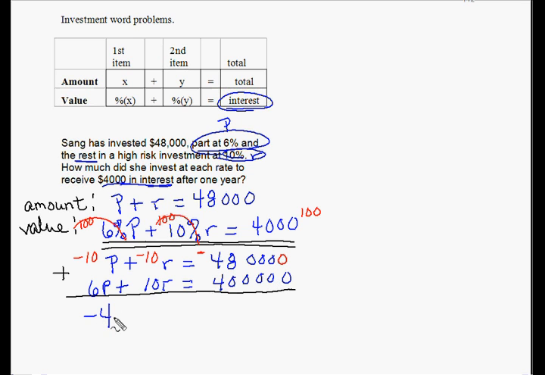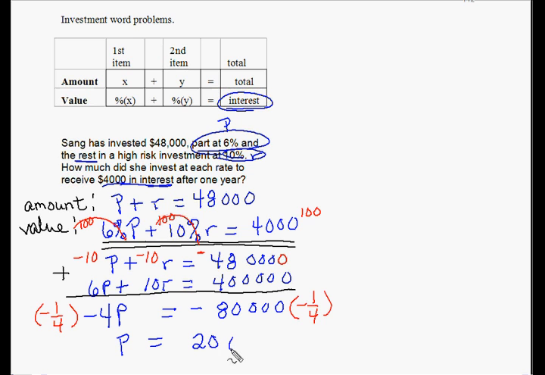We now have a -4P is equal to a -80,000. Solving for P, we multiply both sides of the equation by -1/4. We get P equals a positive 20,000.